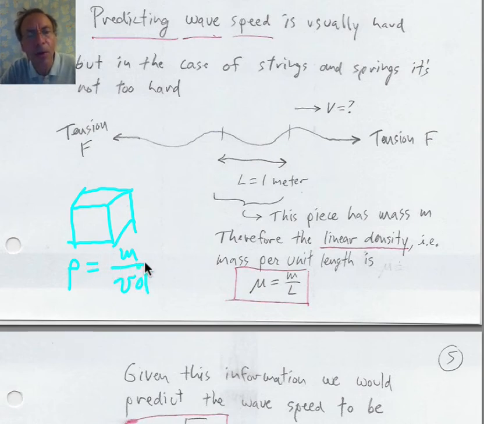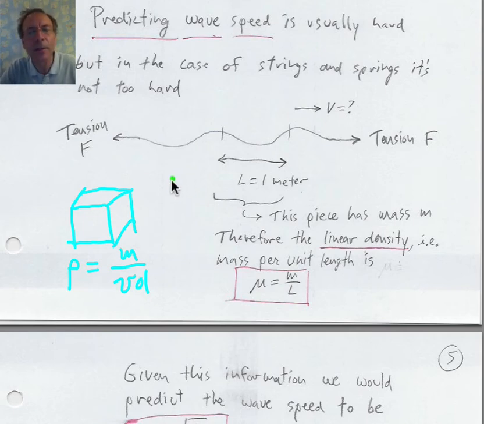This is called a volume density. But there are other kinds of densities. So, for example, you might be building a house and putting, let's say, tiling on the floor of the house, and maybe the tiles are heavy.